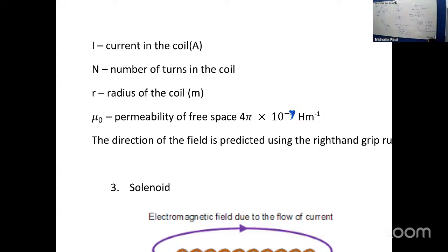Write this down, please. But I want you to know which one is which. There is permeability and there is permittivity. I have to make sure you know which one is which.